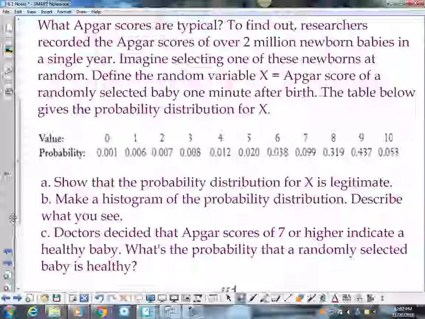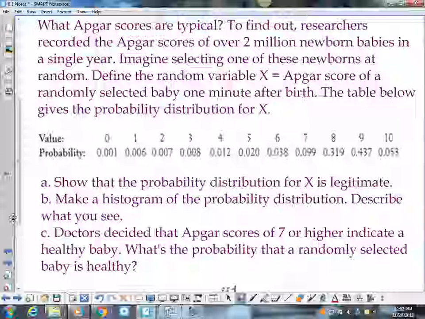The table below gives the probability distribution for x. Guys, go look at a 10. What does that mean? There's a 5% chance that a randomly selected baby is going to have an Apgar score of 10.